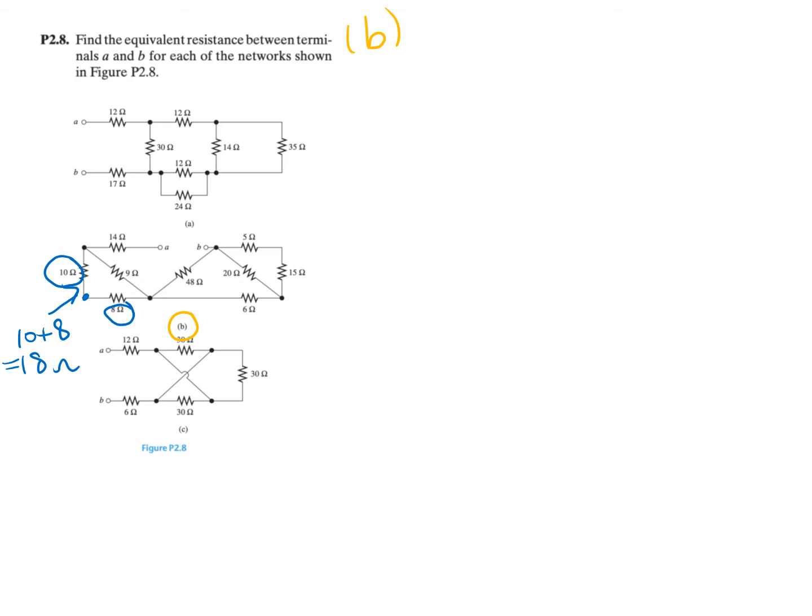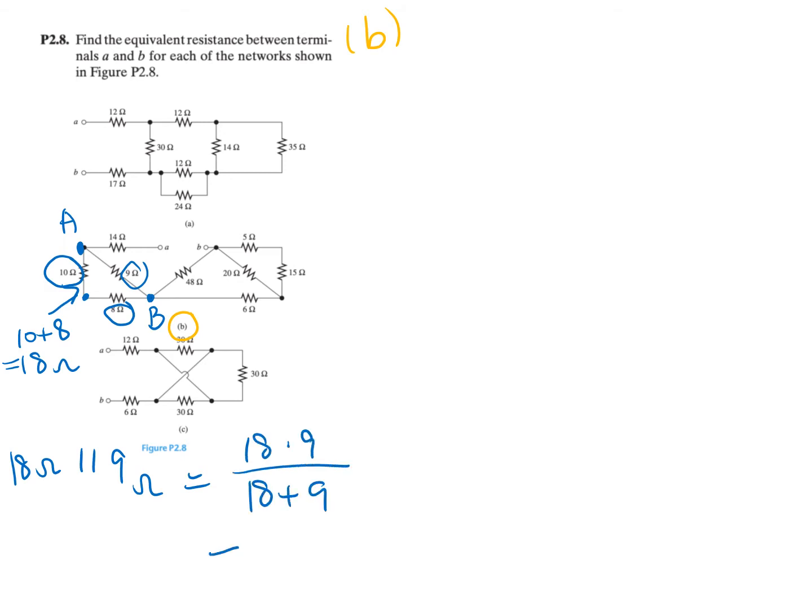And you can redraw the circuit diagram, and you'll find this 18 ohm resistor is connected in parallel with this 9 ohm resistor because they share both of A and B nodes. So you have 18 ohm parallel with 9 ohm. That's 18 times 9 over 18 plus 9. This will be equal to 6 ohm.